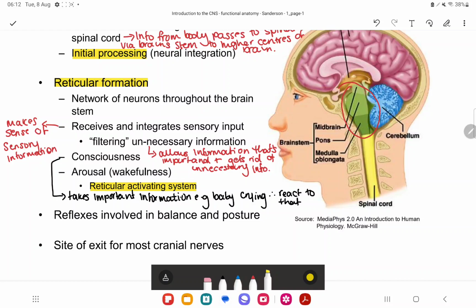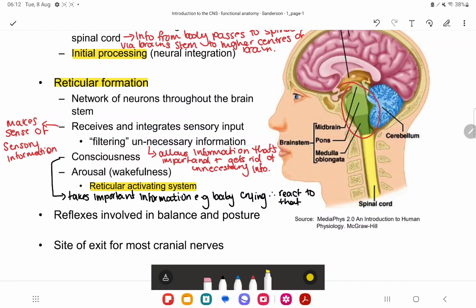That's basically what she says. She doesn't really go into much detail about arousal and wakefulness, but she does explain consciousness, which is that it allows us to be conscious to things. Basically, for example, when a baby's crying, you will react to that.